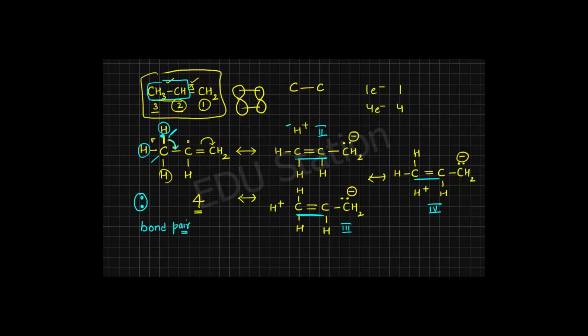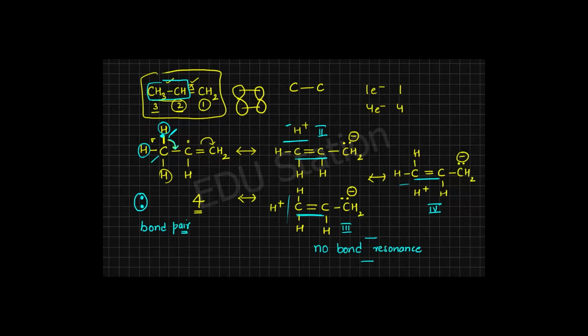Now, when you draw these structures, in structures 2, 3, 4, there is no bond. Actually, if you look at this, there is no bond between carbon and hydrogen. No bond here, no bond here. So, hyperconjugation is also called no bond resonance. In your exam, if you get a question, what do you mean by no bond resonance? Your answer is, this is hyperconjugation.